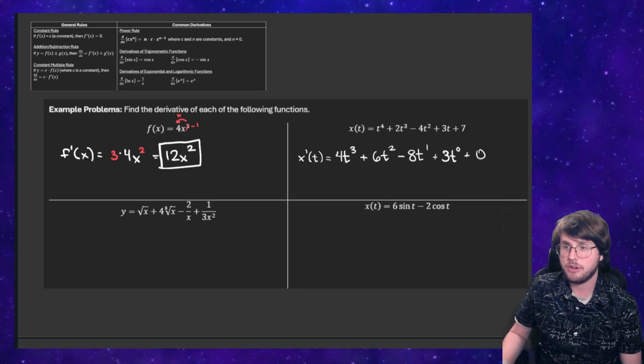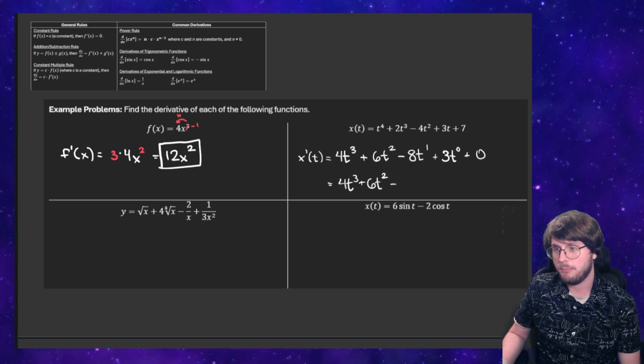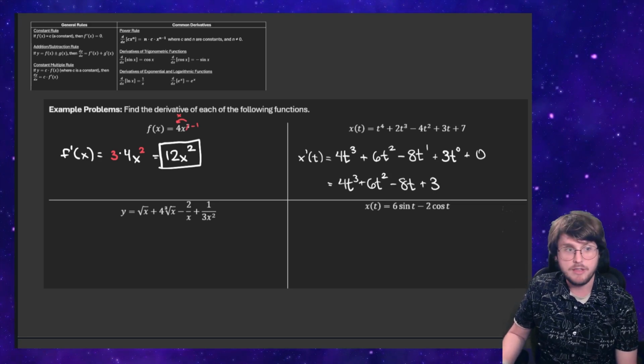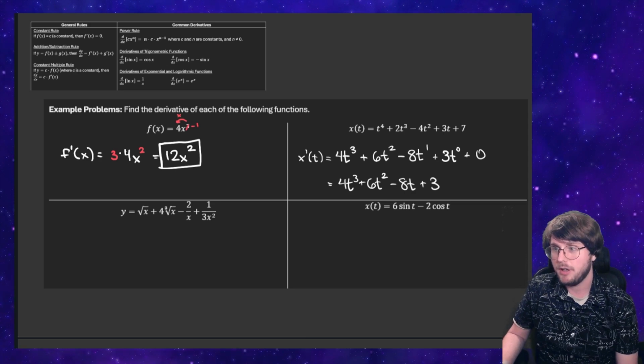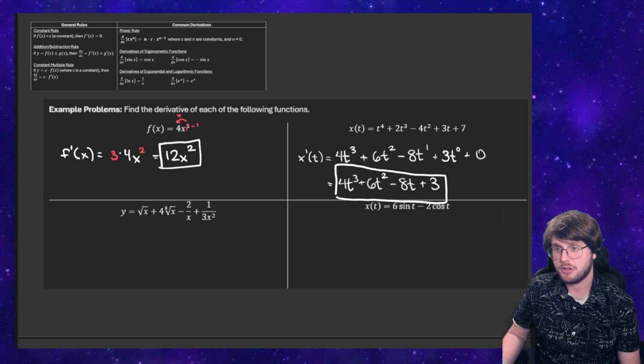So we'll just make that 0. And really just to rewrite everything, it'll be 4t cubed plus 6t squared minus 8t plus 3 times 1, because anything to the power of 0 becomes 1, and then plus 0, we don't really need to write that, so this is our derivative function right here.